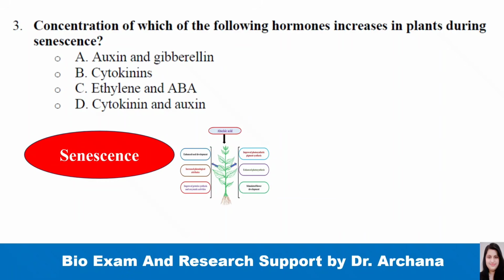For example, a green leaf turning yellow or falling off. There are 2 main hormones responsible for this. The first one is ethylene, the second one is ABA, abscisic acid. Ethylene accelerates aging and leaf fall, and ABA is a stress hormone that promotes aging. So the answer of this question will be ethylene and ABA.